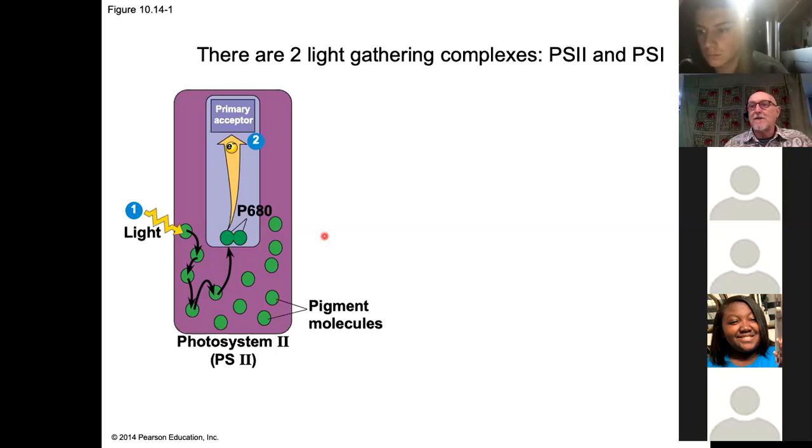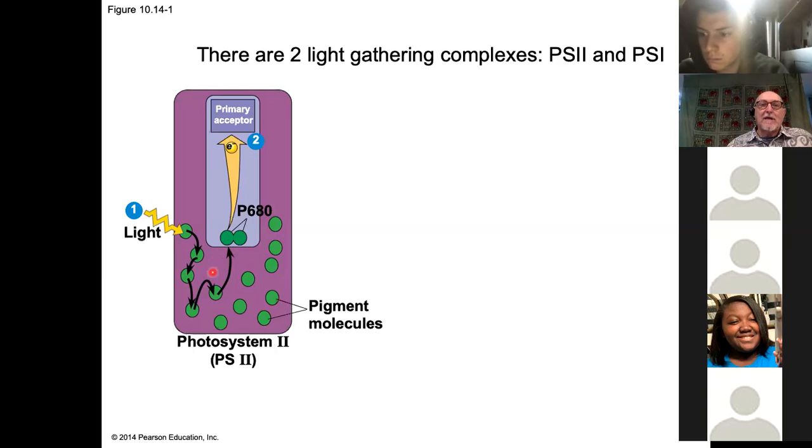Now, I'm not going to go into the details. They form what is called an antenna. And it's a really useful name because you can picture it like a radio antenna that is actually gathering light. Instead of gathering radio waves, it is gathering light. And it's actually focusing that light in a way, not quite, but in a way.